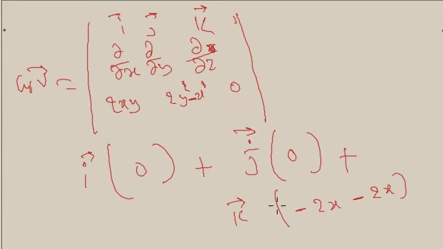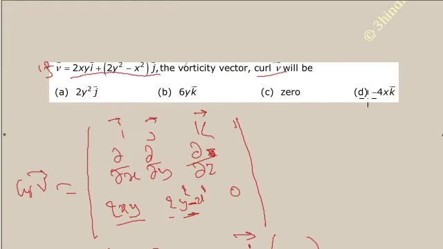And for k, differentiation of this with respect to x is minus 2x, and differentiation of this with respect to y is 2x, so minus 4x along the unit vector k. So this is the answer.